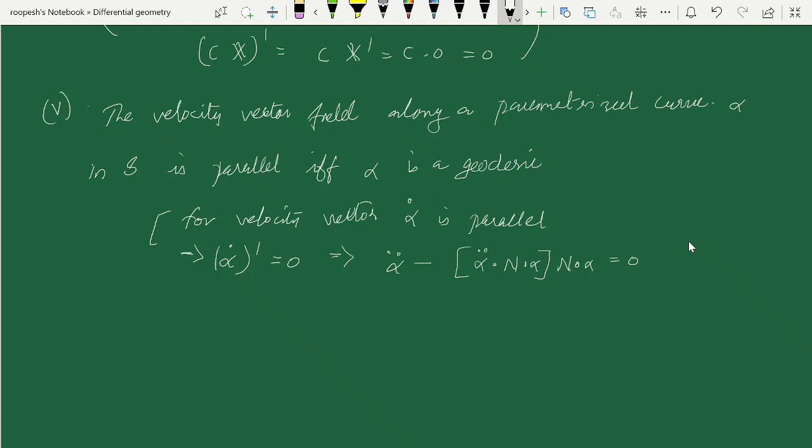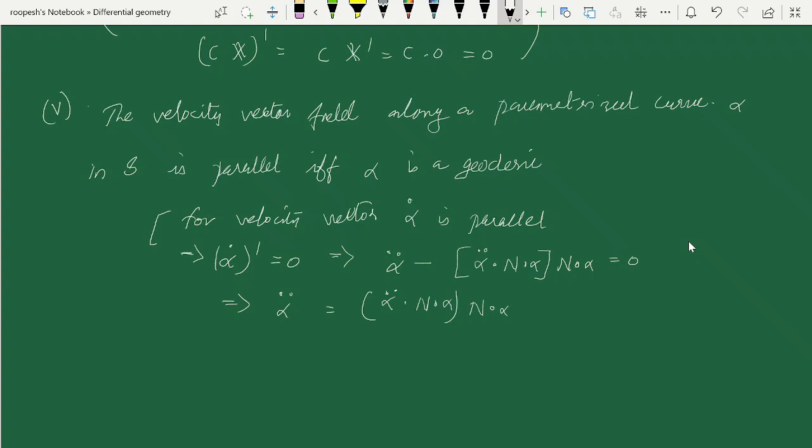So this implies alpha double dot is equal to some scalar value times n composition alpha.